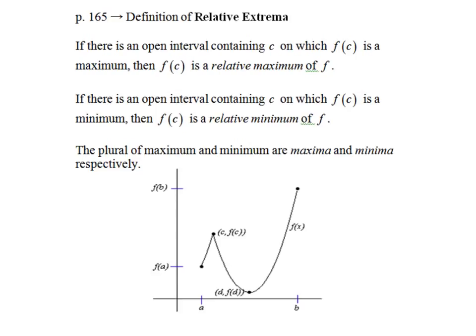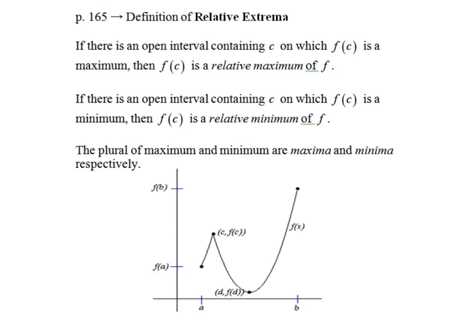It just says that as long as we have an open interval containing c on which f of c is a maximum, then f of c is what we would call a relative maximum of f. And by the same token, if there's an open interval containing c where f of c is a minimum, then f of c would be a relative minimum. Perhaps the tricky part is this wording open interval as opposed to a closed interval.